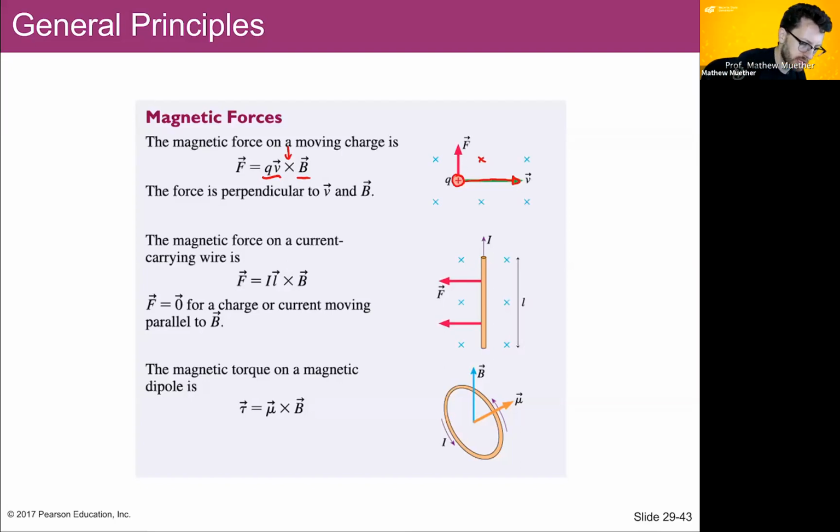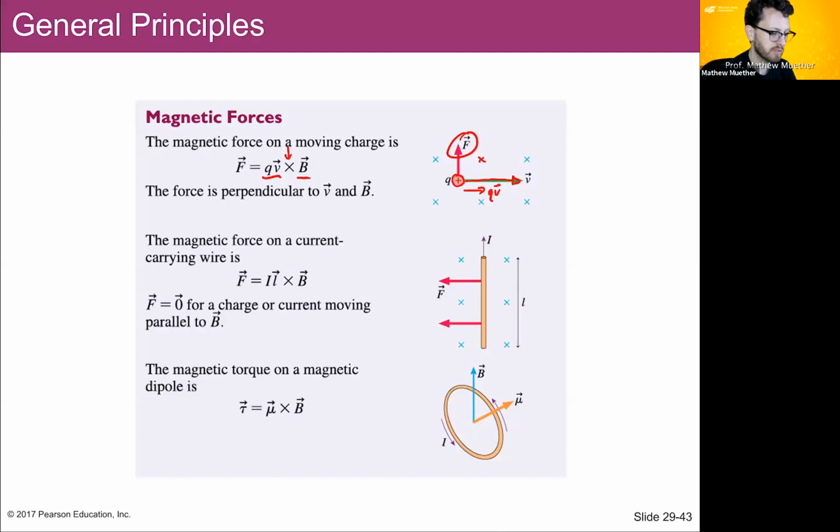QV points in this direction, the same as the velocity because it's a positively charged particle. I point my middle finger in the direction of B, the second vector in the cross product. V cross B, and then my thumb points upwards in the direction of the applied force. So charged particles moving in a magnetic field experience a force.